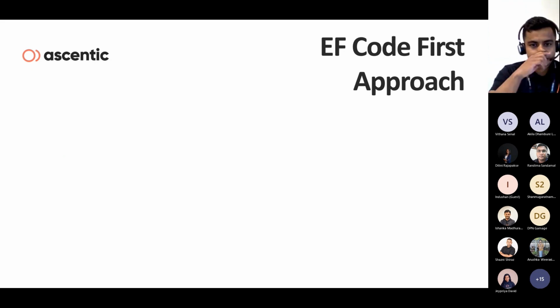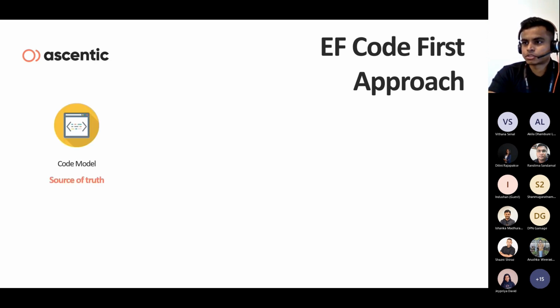First of all, let's take a look at the Entity Framework code first approach. So what is the Entity Framework code first approach? We have seen infrastructure as code, but in this case, we are talking about database structure as code. We define a model, the source of truth, and the definition of this model will represent the database.